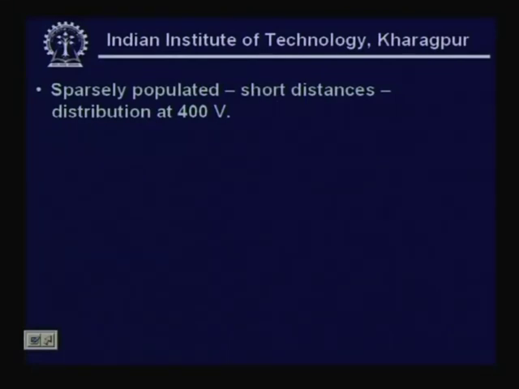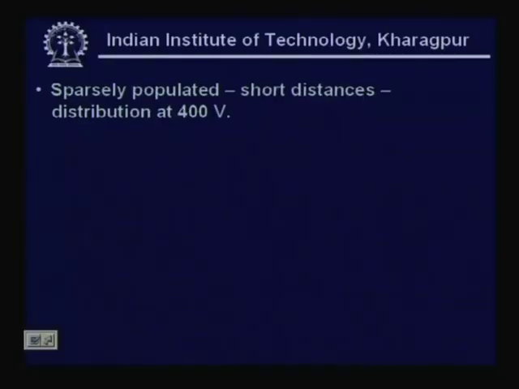Now the question arises, what do we understand by distribution? Distribution is the ultimate way of delivering electrical energy to the users. And at what voltage do you do? Now if you recall, I have already said we use the voltage at 400 volts 3 phase all around.